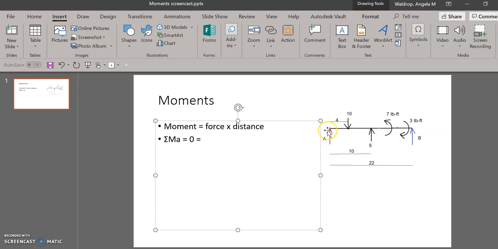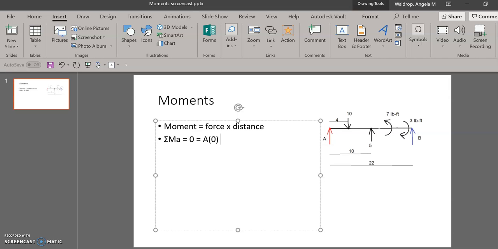We need to find a force and a distance for each particular item. So our force in this case is A, and our distance of A from A is 0. It's a little bit of a trick there. When you get really good at doing this, you can just ignore it. You can skip it because you know it drops out. But since we're just practicing and learning how to do this, we're going to write it down so we know we've accounted for it.